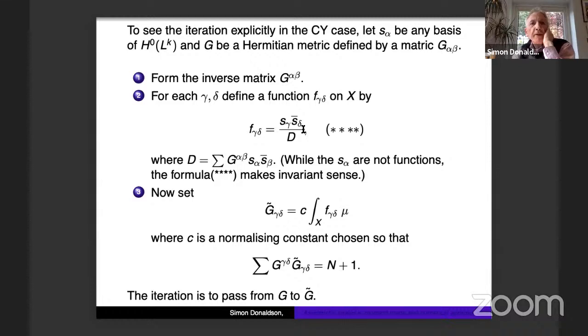So you do that. Next, you integrate these functions with respect to your fixed measure mu over x, and then you get another matrix, G tilde, with lower indices. You multiply that by a normalizing constant for simplicity. This is just normalizing, so the trace of G tilde with respect to the original G is n plus 1.